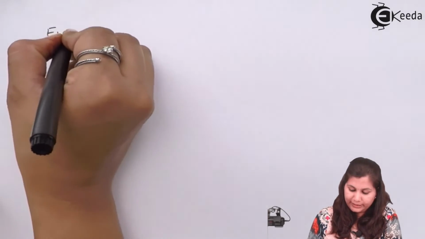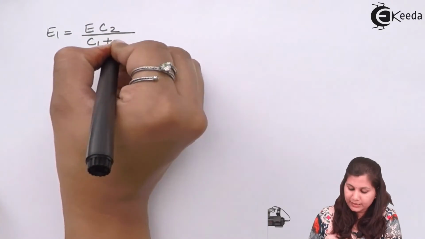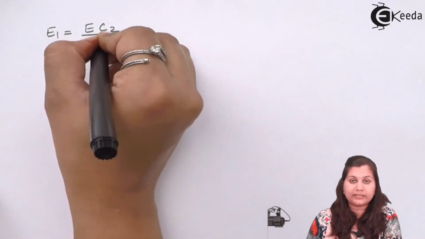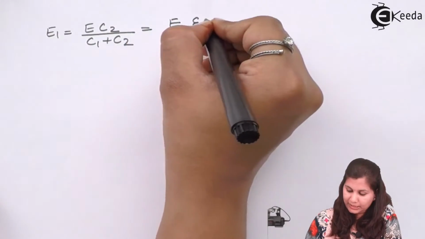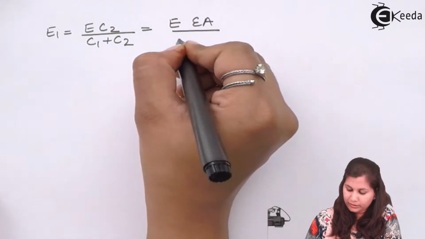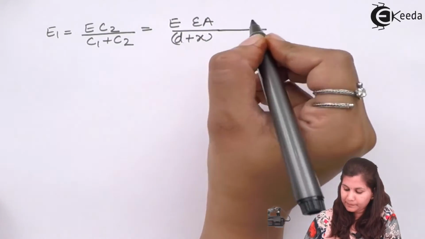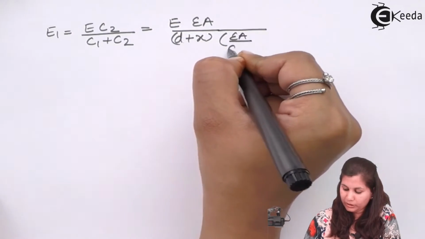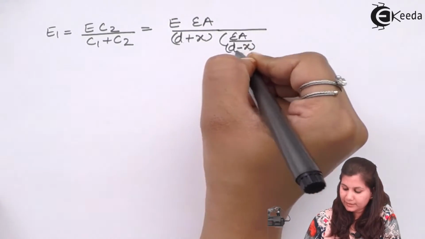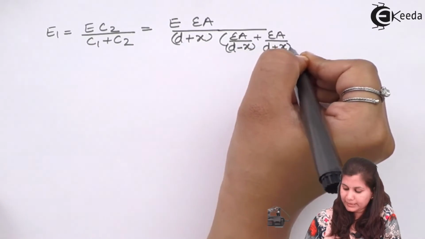Now let's calculate E1 and E2. E1 is calculated by E C2 upon C1 plus C2. Putting the values of C1 and C2 here, C2 is epsilon A upon d plus x, and C1 is epsilon A upon d minus x, plus epsilon A upon d plus x.